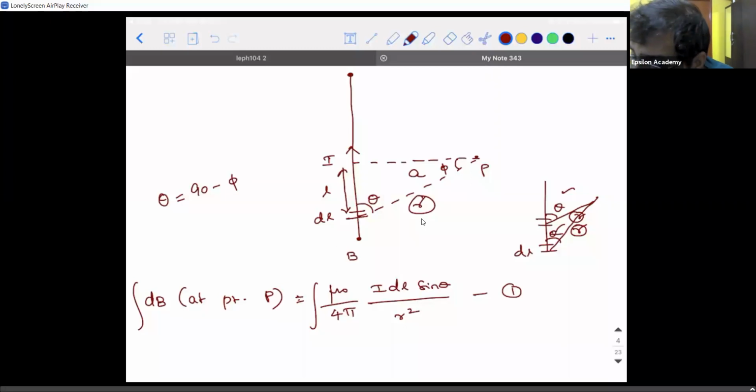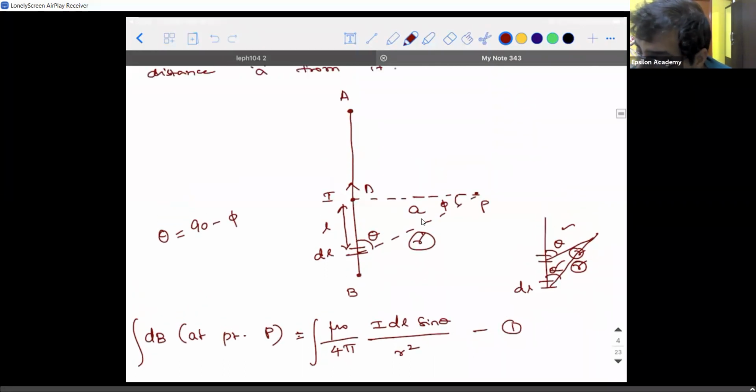So here, from this fixed point, at a distance L from it, I'm considering a small element dl, and let this fixed point be named as A. Oh, sorry, A is already there. So there is AB, P, Q, R.